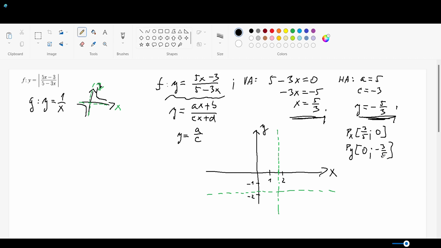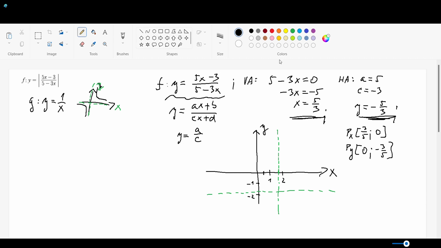Okay, because if I put 0 instead of x, this term and this term will be gone, and the remaining number is negative 3/5. Okay, so we have the intercepts. Let's put them into the chart, which means the x-intercept is 3/5, which is somewhere here.